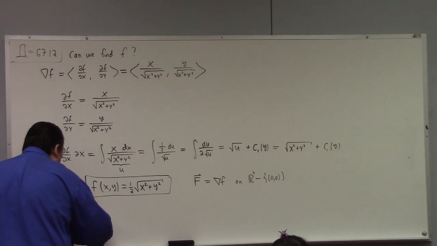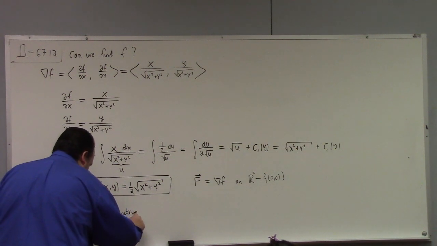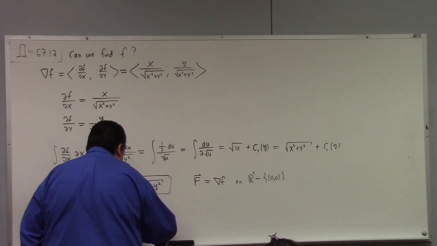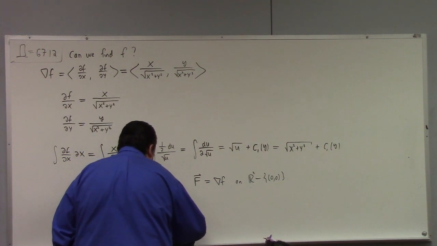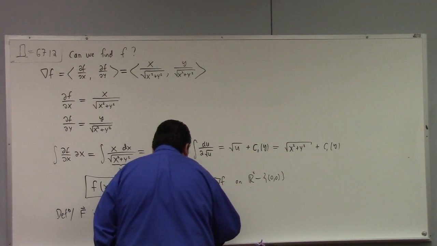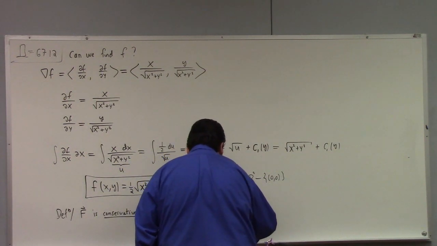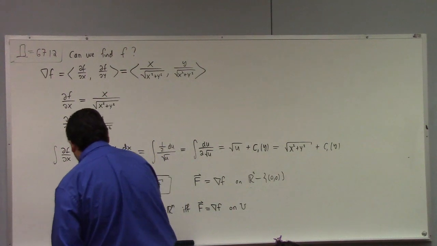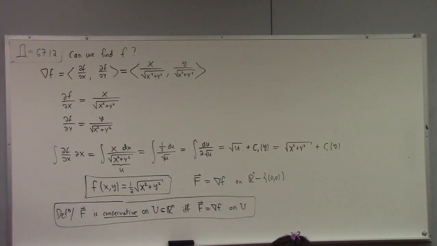F is conservative on U, subset of Rn, if and only if F is equal to the gradient of some little f on U. So a conservative vector field is one for which there exists a so-called potential function, the gradient of that potential function giving you back the vector field.